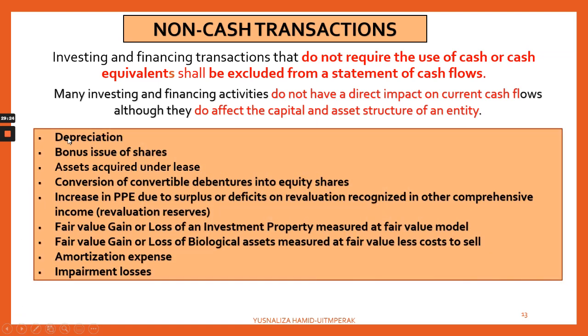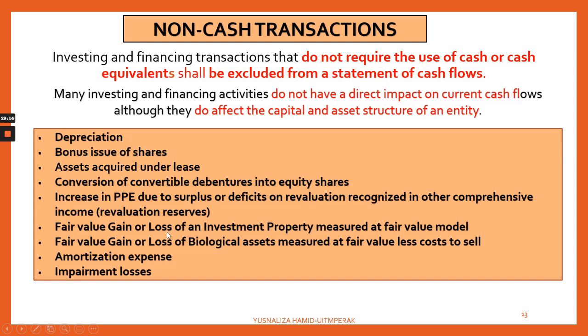These are some examples of non-cash transactions commonly found in cases relating to the preparation of cash flow: depreciation of assets, bonus issue, assets acquired under lease, conversion of convertible debentures into equity shares, and increase in property, plant, and equipment due to surplus or deficit on revaluation, which we recognize as part of other comprehensive income and later show as revaluation reserve movement.